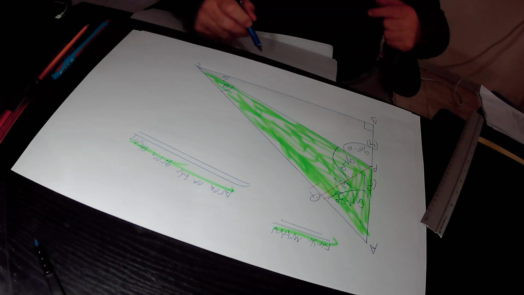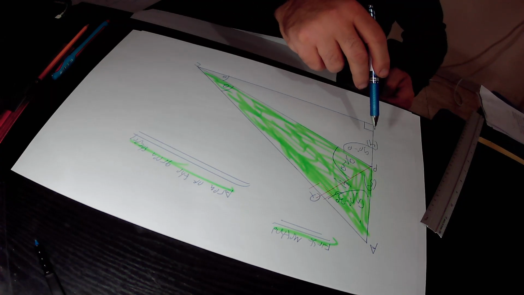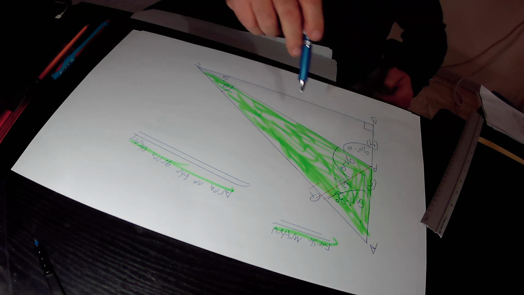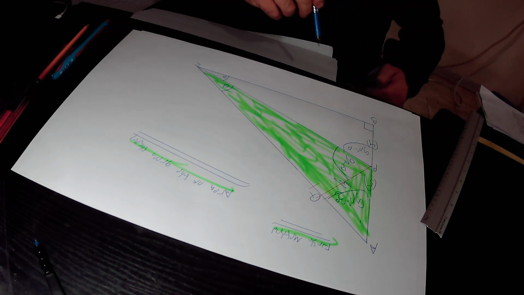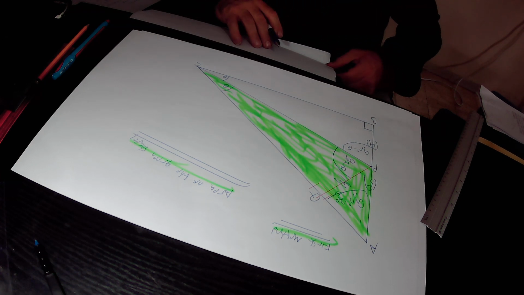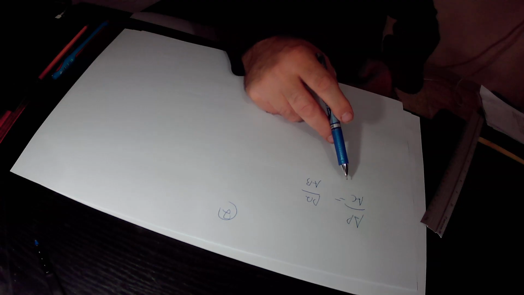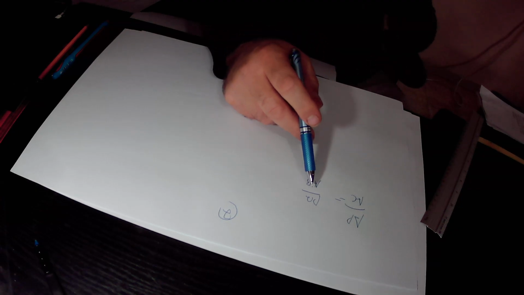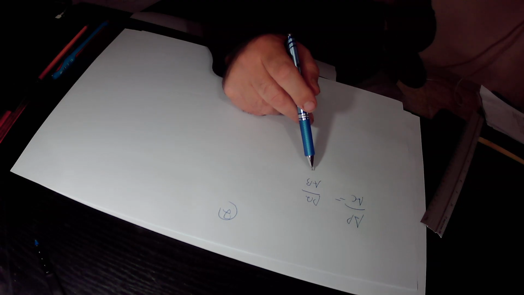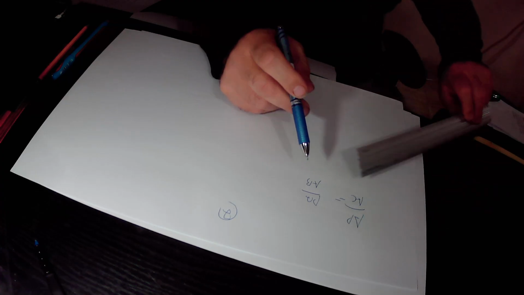Because again, from the fact that the small triangle APQ is similar to the big triangle ABC, we know that the following relationship exists between their sides: side AP of the small green triangle over side AC of the big triangle equals side PQ of the small triangle over side AB of the big triangle.